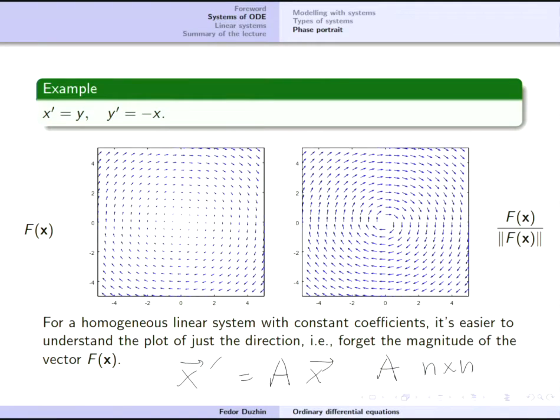Since we know that, we can always expect that there is no arrow at the origin. And at the same time, if A is a non-degenerate matrix, then there is no other critical point, and then it's convenient to look at the plot by just looking at the direction of the arrows.